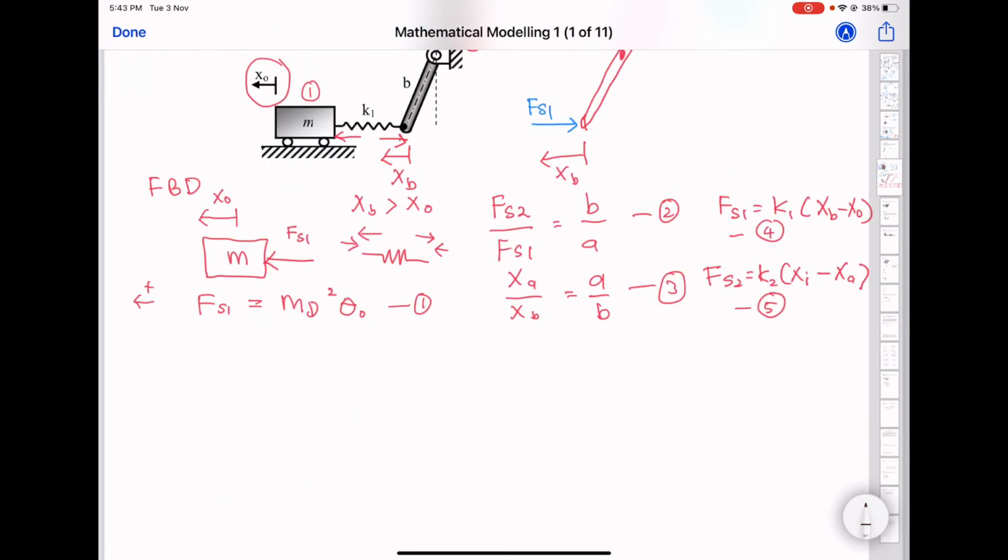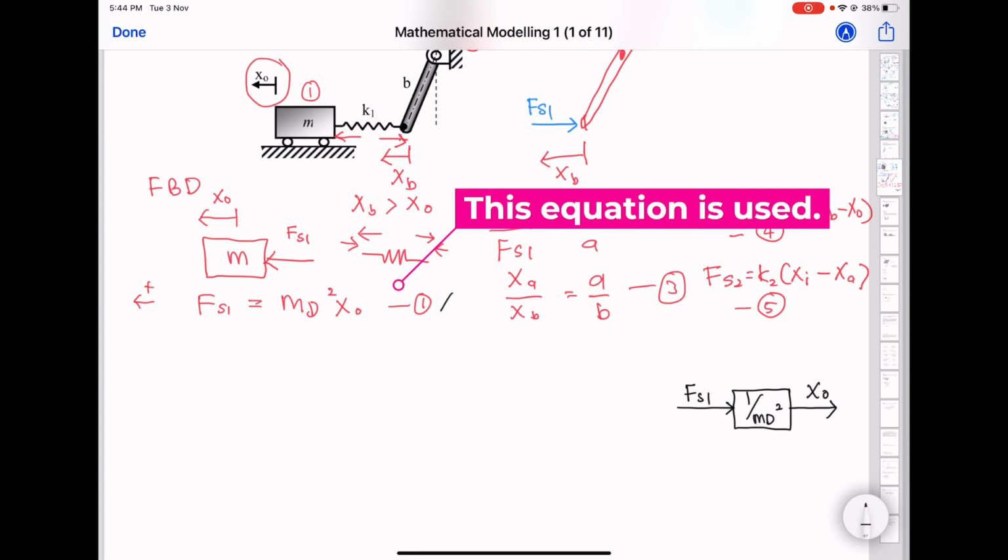Okay, next, let's draw the block diagram. The output is X0, and I will use equation number 1. From equation 1, X0 is 1 over m d square, and the input is Fs1. So I have used this equation.